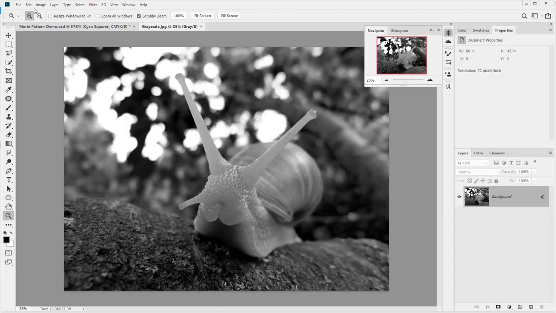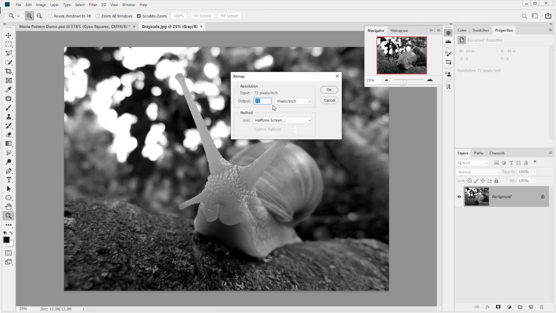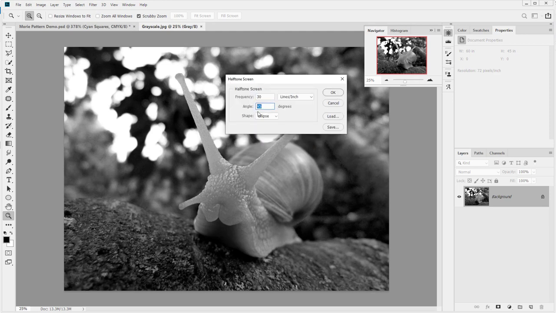This snail right here. Remember when we were setting it to the bitmap, we had under the halftone screen the idea of the angle. So we would be able to choose the angle here, but really that's going to need to line up with the angle of our cloth, our screen that we're rotating in order to make that work.